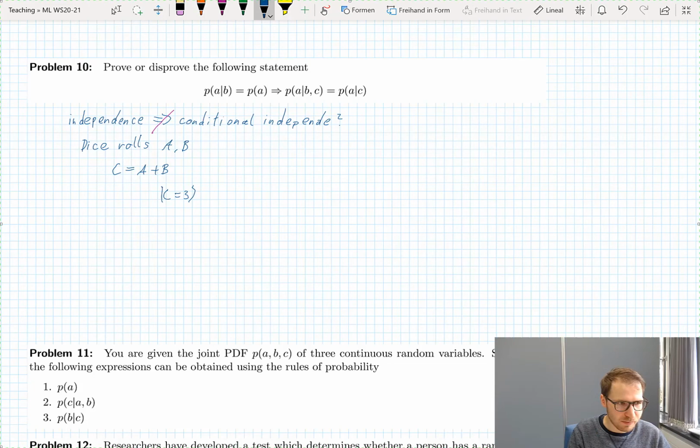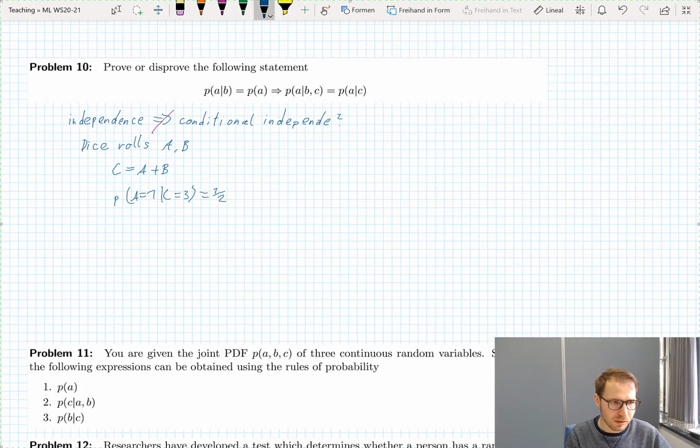Now we're interested in, what is the probability that the first die is 1? So that's B, sorry. Well, what are the combinations here? It's either 1 and 2 or 2 and 1. So the probability of this one being 1 is 1/2.